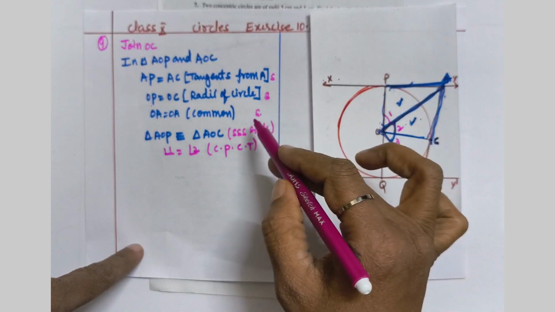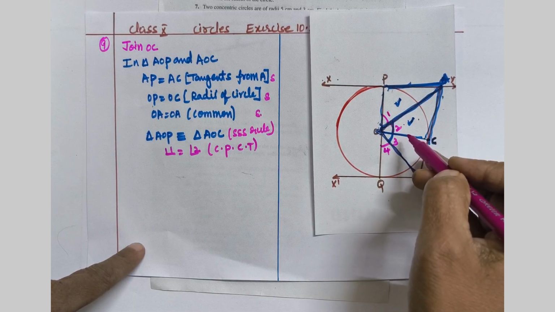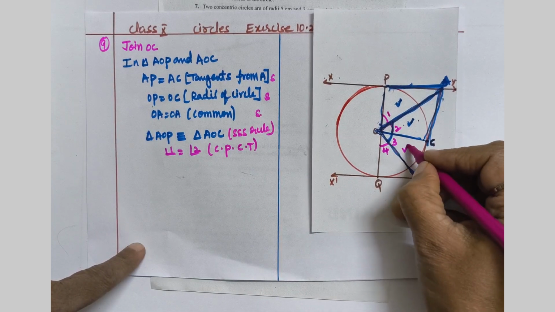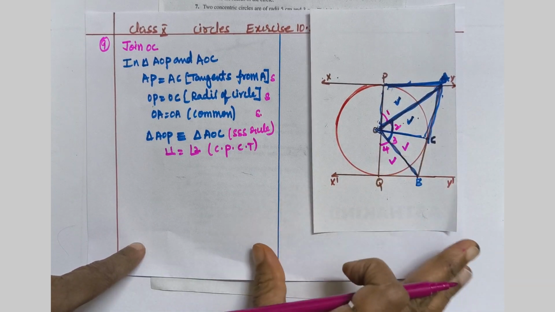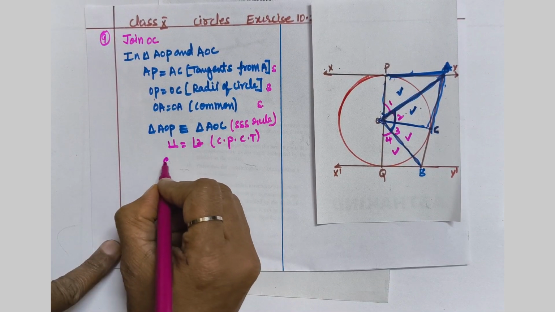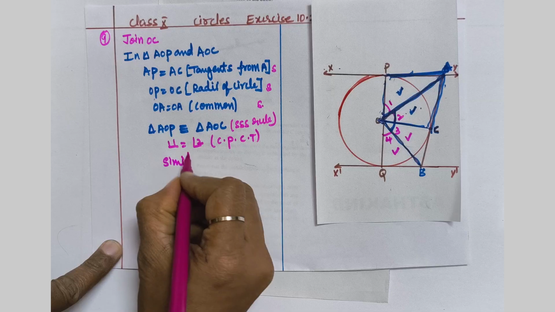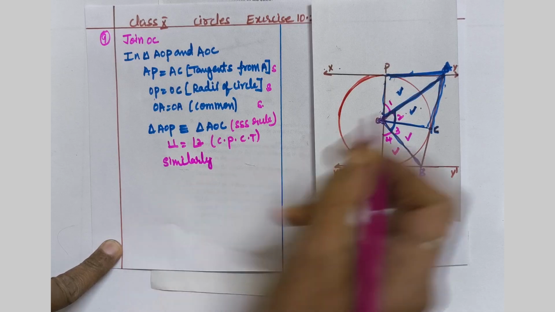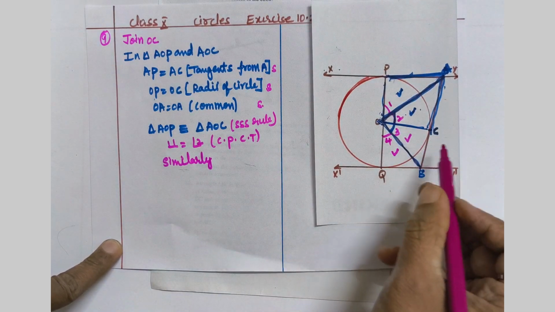Now you are comparing these two triangles for the congruence rule, so angle 1 is equal to angle 2. Next, similarly, you can write it; one more time we don't need to do it. Same procedure. Similarly, which triangle?